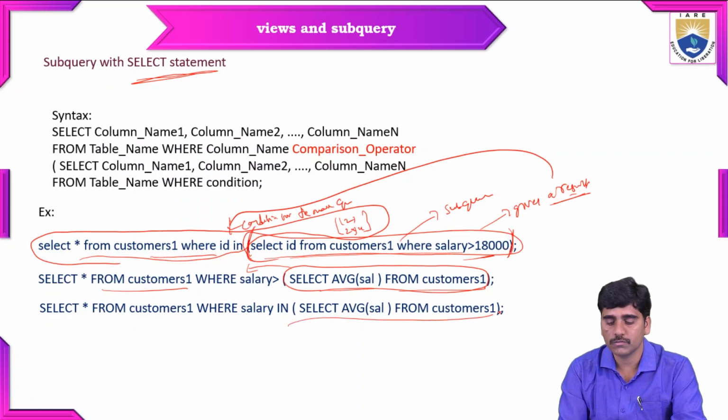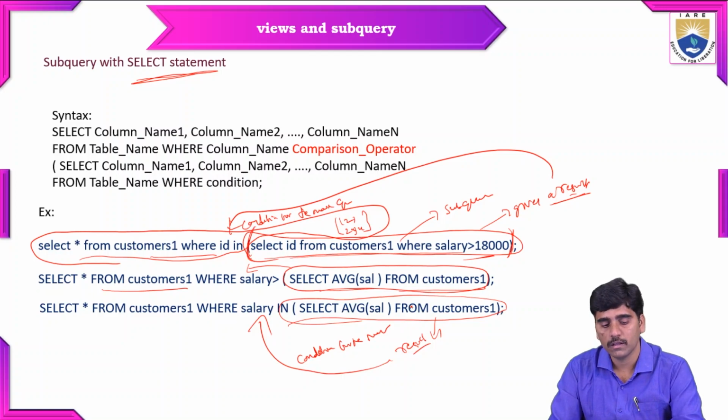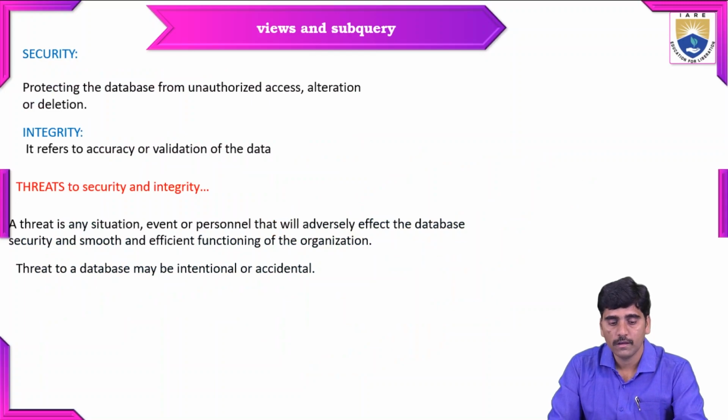The same way, this query also, average salary from customers1, displays the result, and this result will be acting as a condition for the main query. So that is the way we can use subqueries with the select statements. We write the subquery inside the parentheses.